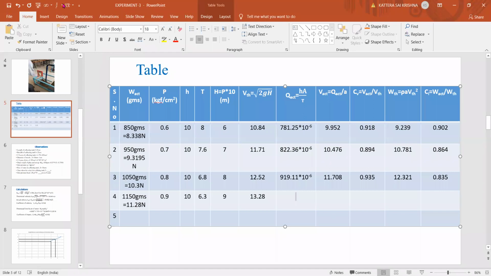Next, Nitin, 315. Yes, tell the value of Q actual.